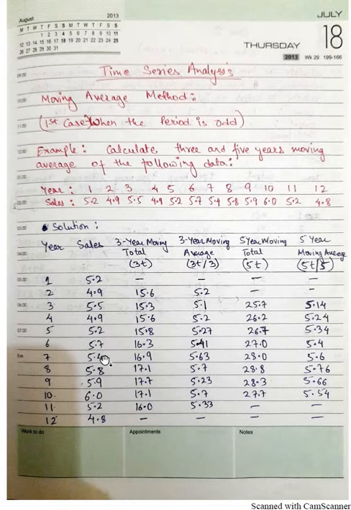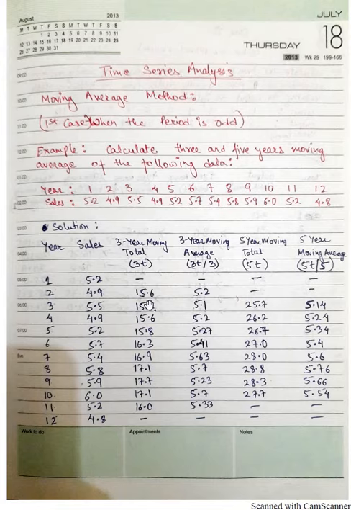Similarly we will go on adding it up, and the final one will be 6.0 plus 5.2 plus 4.8. The total will be 16. We will write it here. So we will add the three consecutive numbers one after another and keep writing here. And after that, what we do?